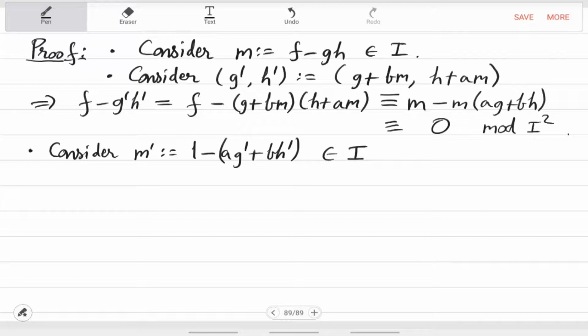This is 0 mod I. Why is that? Yes, because g prime and h prime are lifts of g and h, and ag plus bh is 1 mod I. So this actually remains in I. We'll use this to perturb a and b.